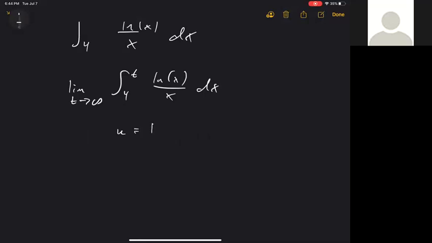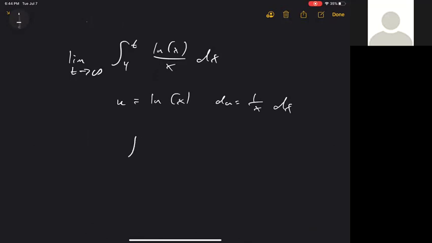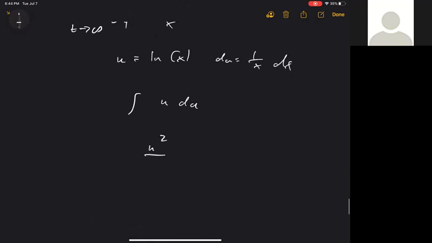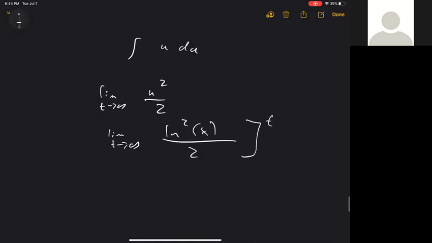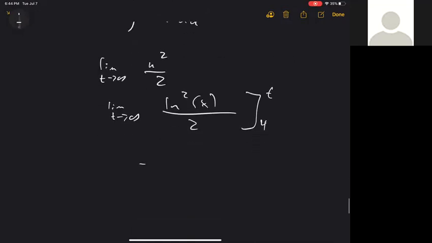This is like a u sub. Okay, and this limit goes to infinity.